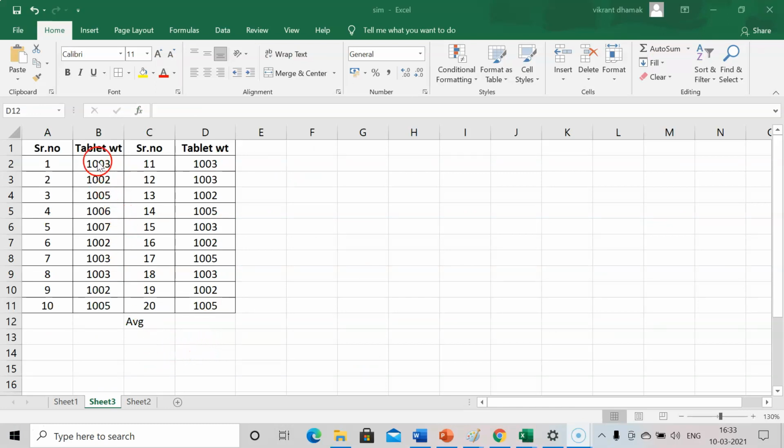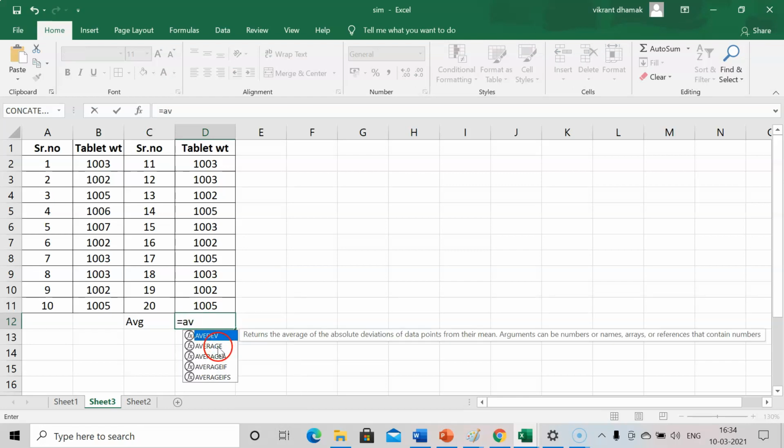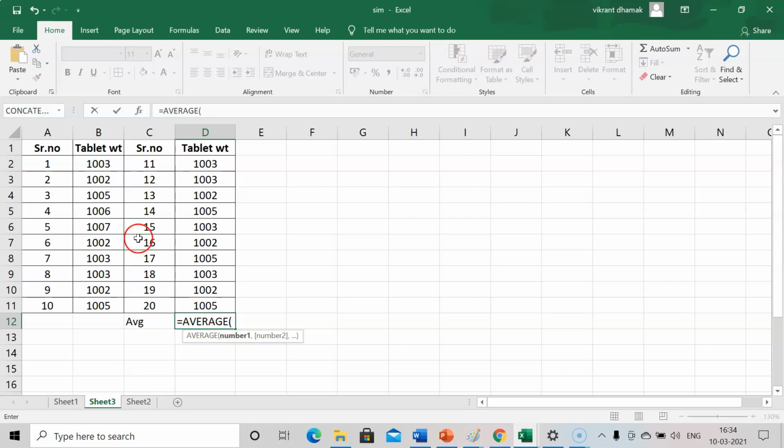I have taken the weight of 20 tablets. So these are the weights of the tablets. For your convenience to zoom it, I have put this table in such a way. After that you can take the average of it. So press the equal sign and after that type average and select the cells.